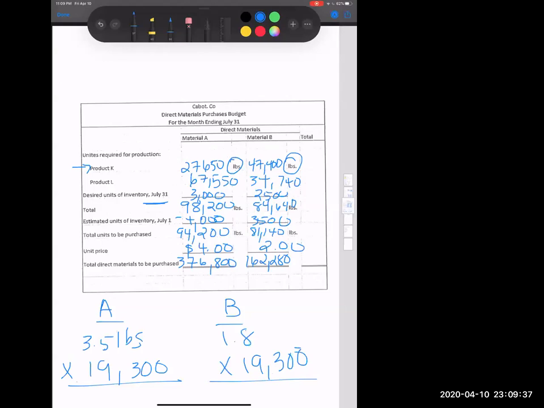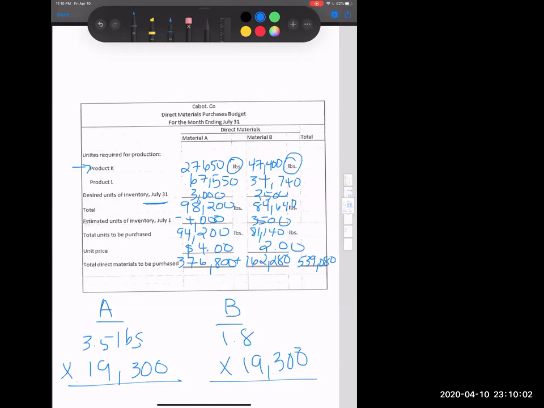Now, the last step, you can come out with your total direct materials to be purchased. And if we add these two numbers together, the 376,800 plus my $162,280, we come up with a grand total of $539,080. That is our direct materials purchase budget.